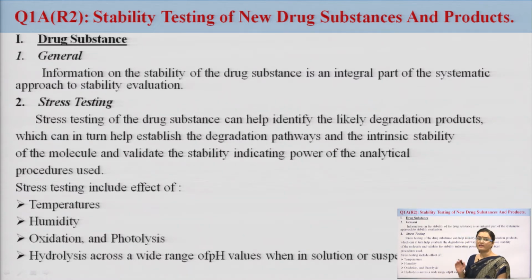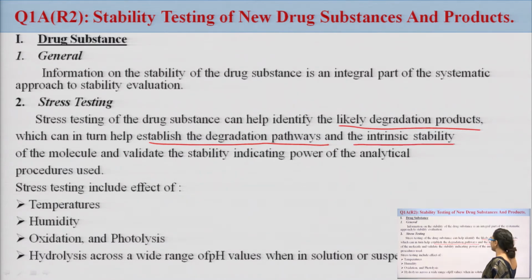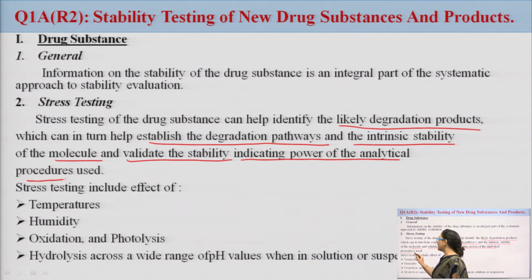Stress testing is generally performed to know the likely degradation products and to establish the degradation pathways and the intrinsic stability of the molecule, and validate the stability indicating power of the analytical procedure used.